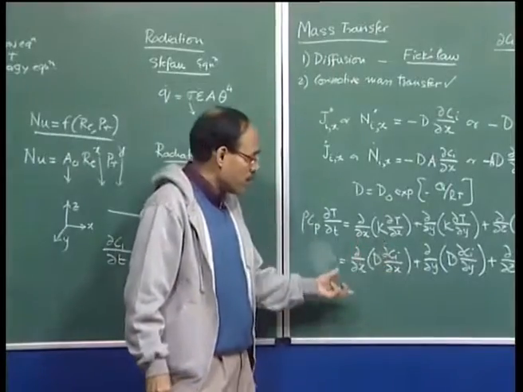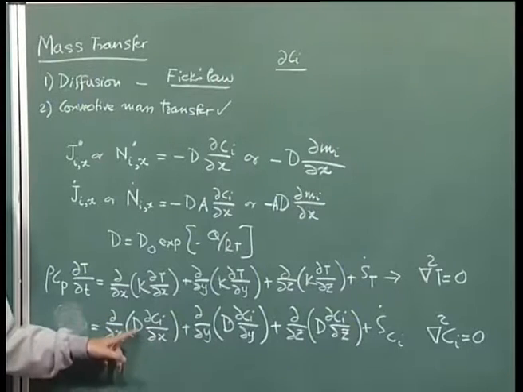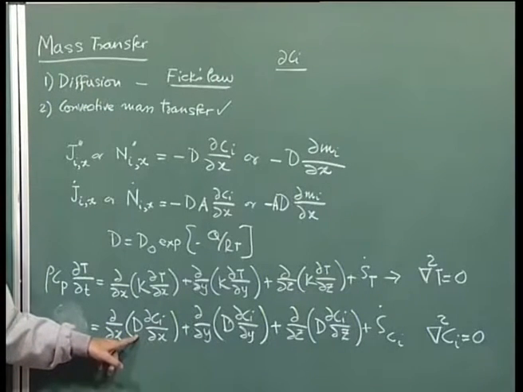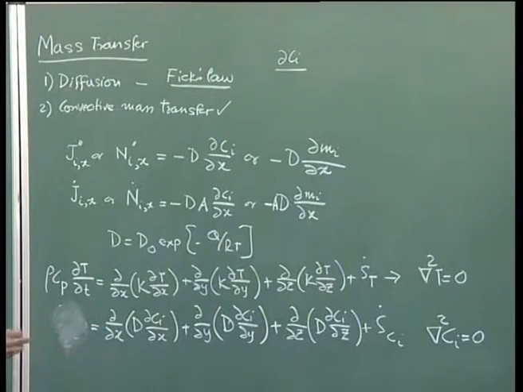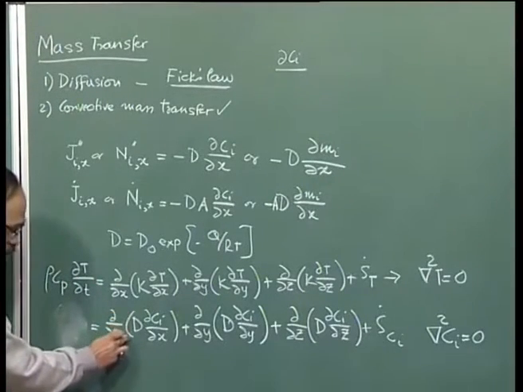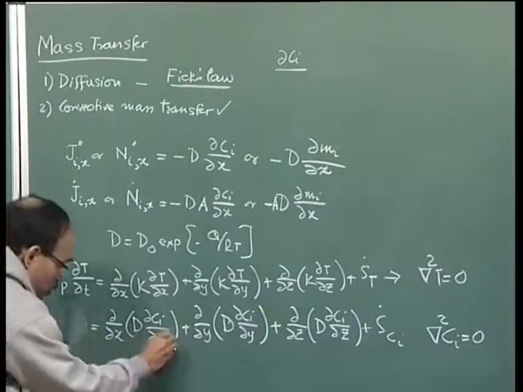I have made a net flux expression, and I said that along the x direction mass is flowing not purely because of diffusion, because we are talking of convective mass transport, mass is flowing because of convection also. The net flux was expressed within this bracket as this term minus a convective flux.